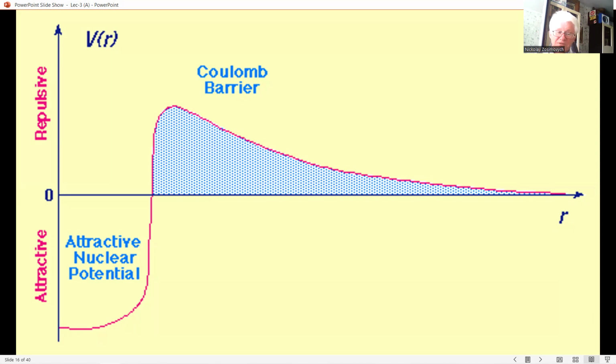To overcome this barrier, to get close together, atomic nuclei must collide violently. Violent collisions are rare unless the gas is very hot, in which case the nuclei move at high speed and collide violently. Remember, an object's temperature is related to the speed with which its particles move.